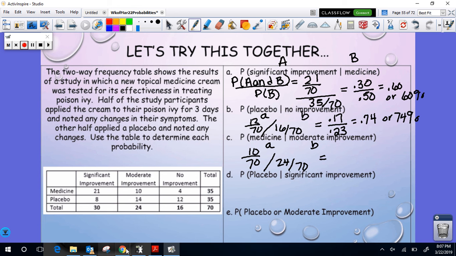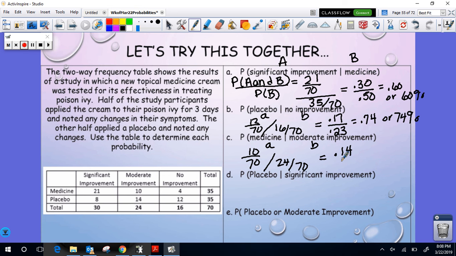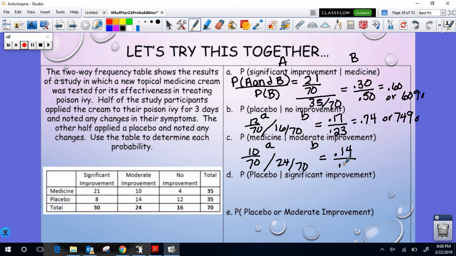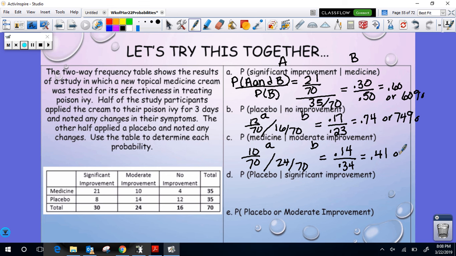So 10 divided by 70 is 0.14, divided by 24 divided by 70, which equals 0.34, and then you divide those two. 0.14 divided by 0.34 equals 0.41 or 41%.